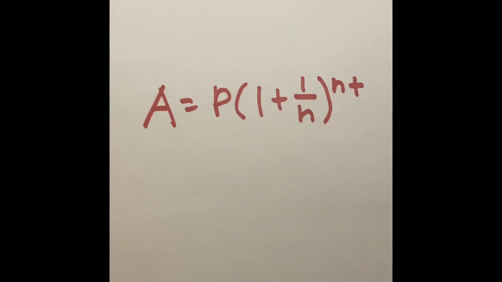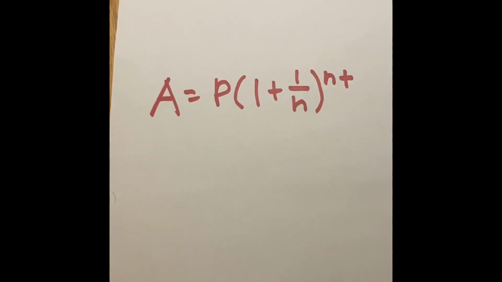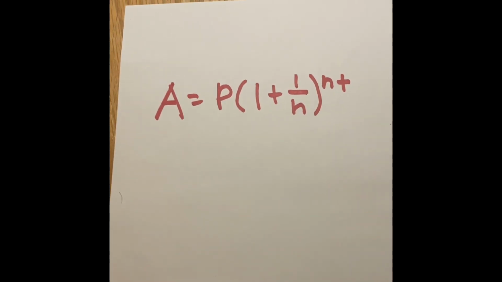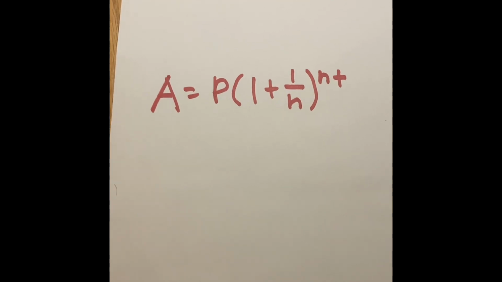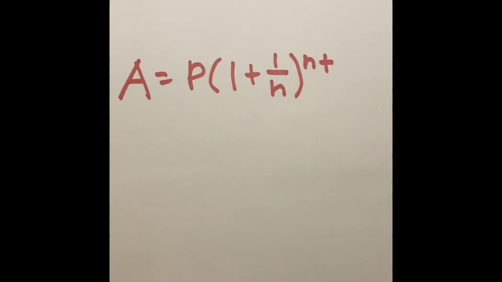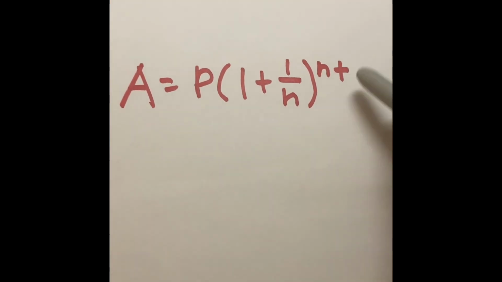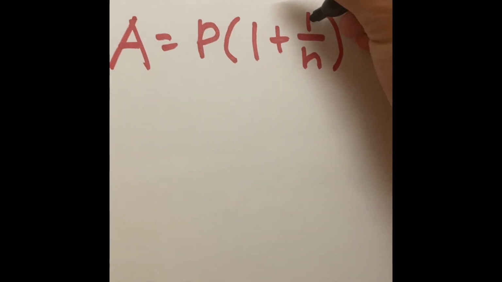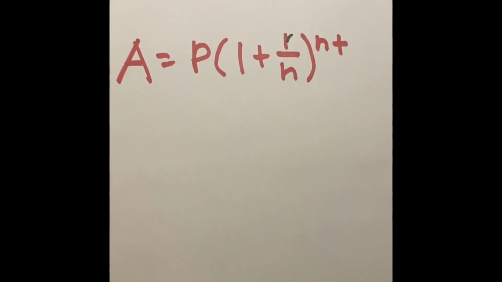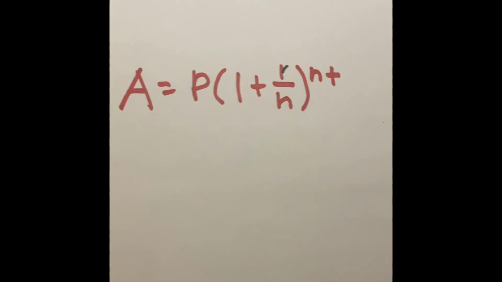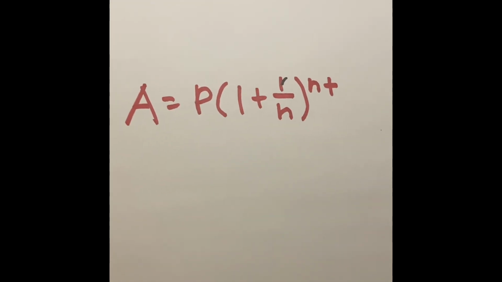A is going to equal P, parentheses, 1 plus r divided by n, to the exponent. The 1 right there is actually supposed to be an r. This formula does look like the one we saw earlier.